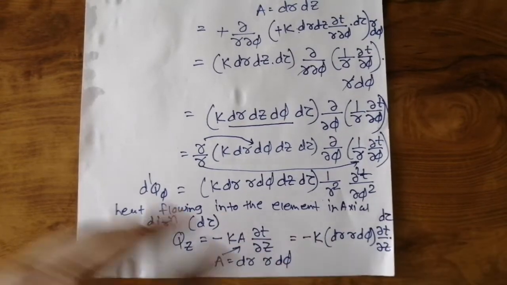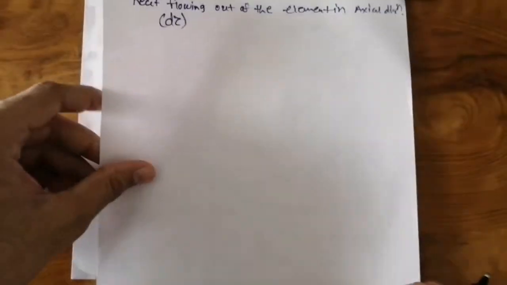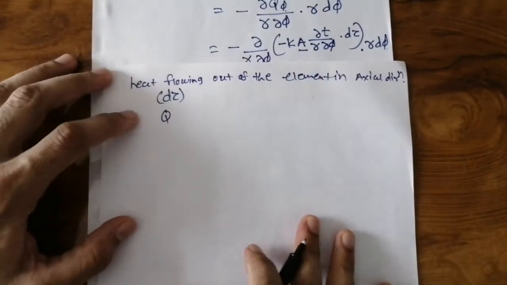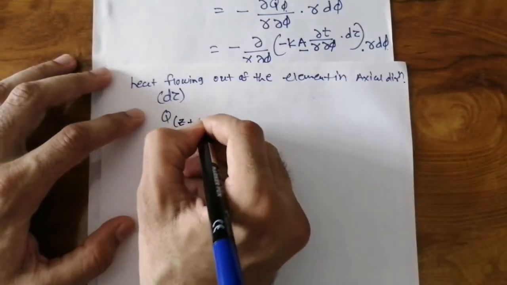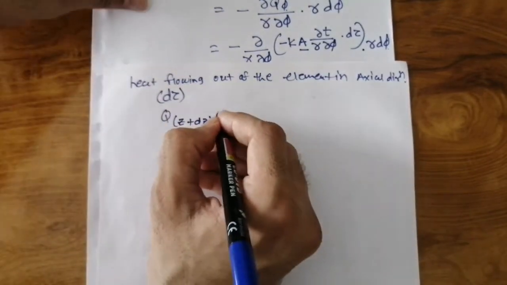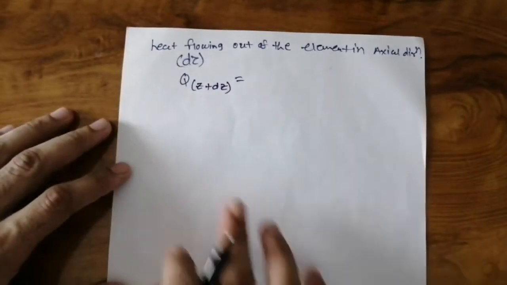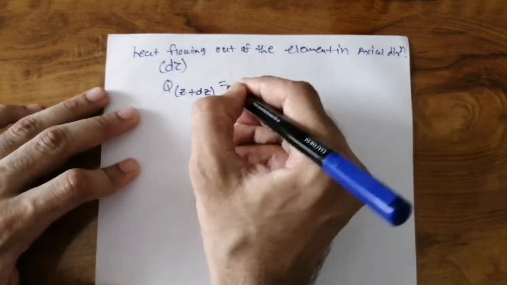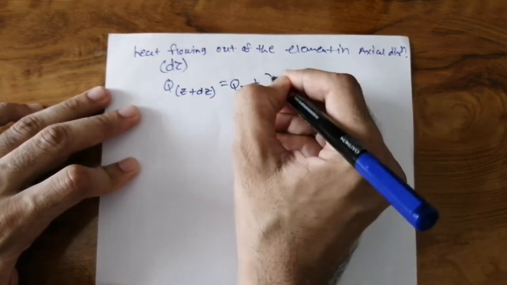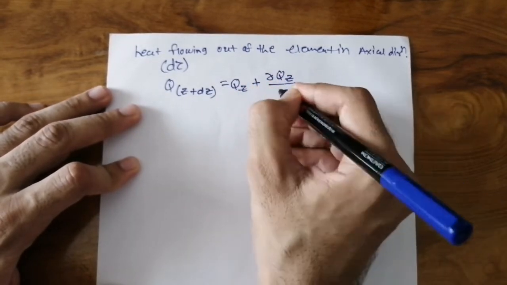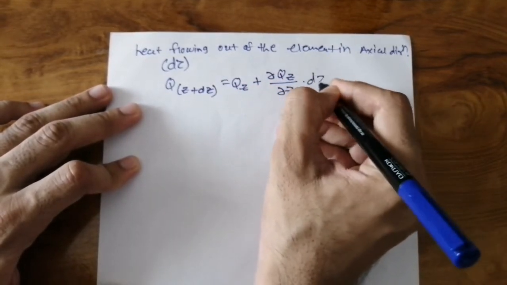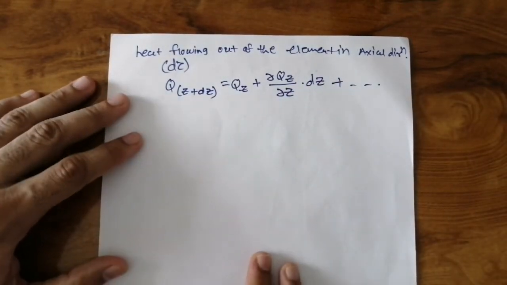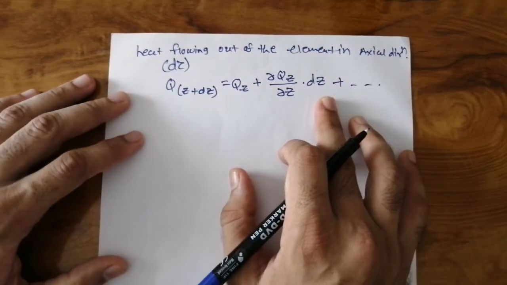Energy out is qz plus dz, which according to Taylor expansion is qz plus del qz by del z into dz plus higher terms, but we neglect the higher terms.